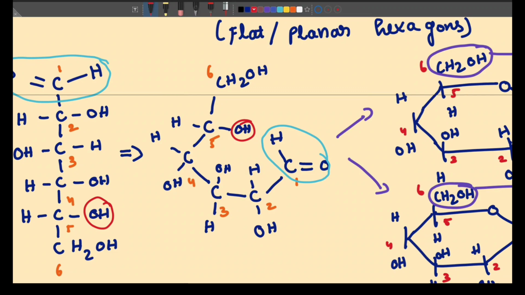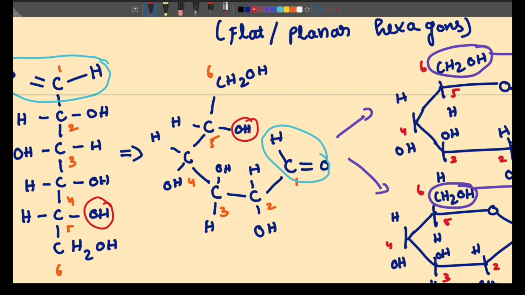This bend will happen, so instead of keeping it as a line, we are bending the whole structure from the first carbon to the sixth carbon, so that this H will come and bond with the O, and this O will join with the C. I am telling you again: this OH and the CHO will try to bond.